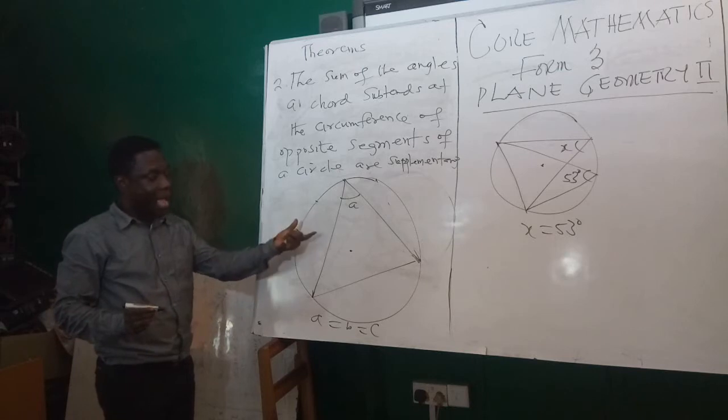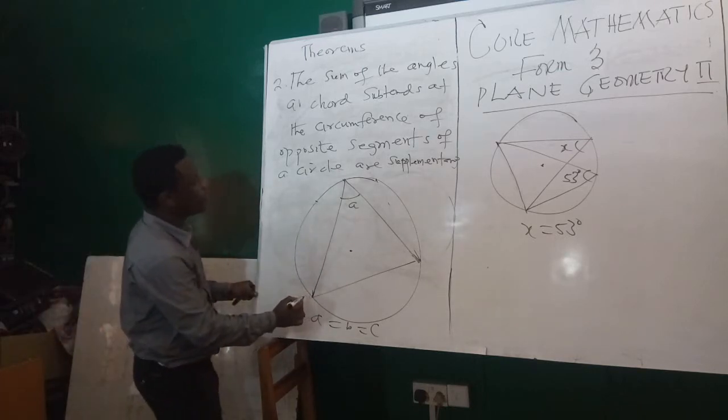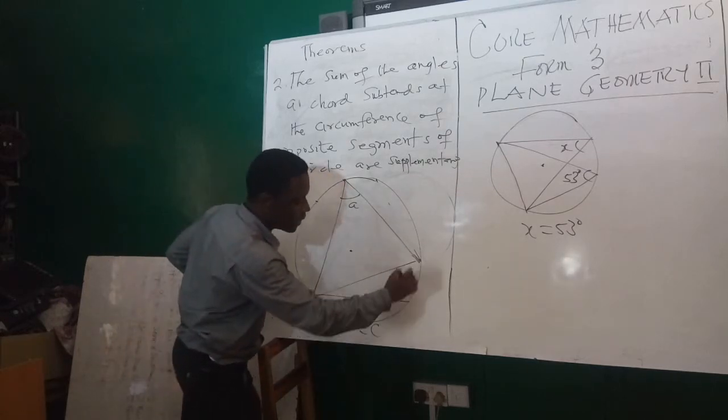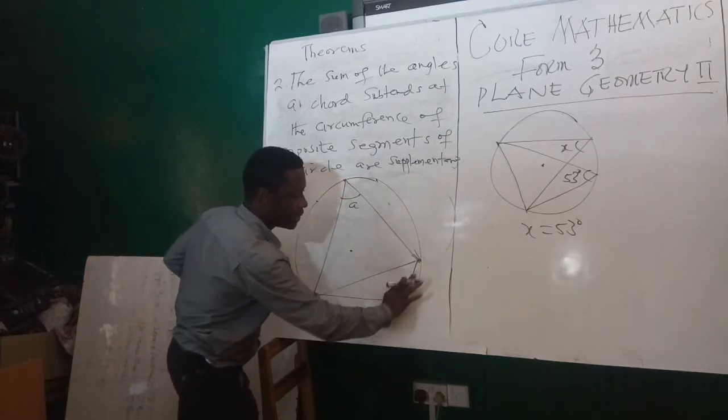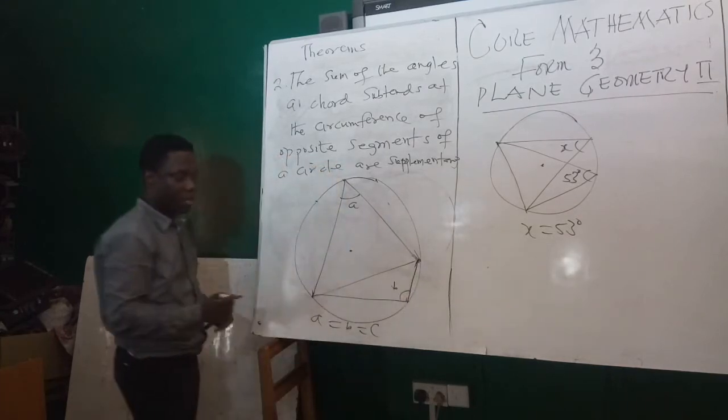The other angle is formed in the opposite segment. The angle formed here, I'll refer to as B.